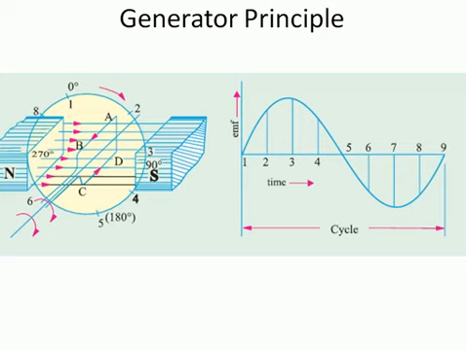The magnitude of d phi by dt is 0. So the relation E is equal to N into d phi by dt will also become 0 at this position 1, which is indicated as 0 EMF or 0 voltage. So this position 1 corresponds to 0 volt.